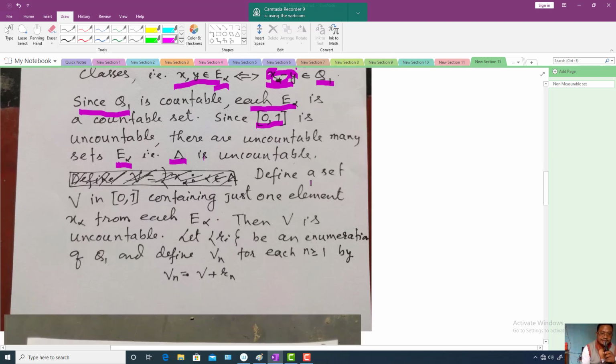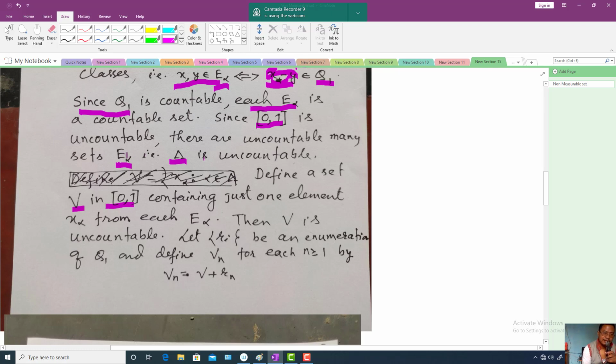Now let us define a new set V, which is a subset of the 0 1 closed interval. How do we define it? From each E alpha you just take randomly one point. Only one point from E alpha. From E beta also you take one point.